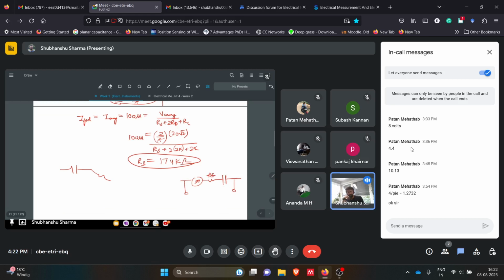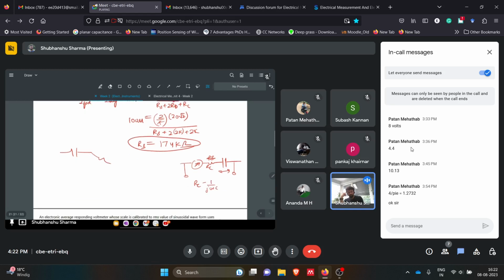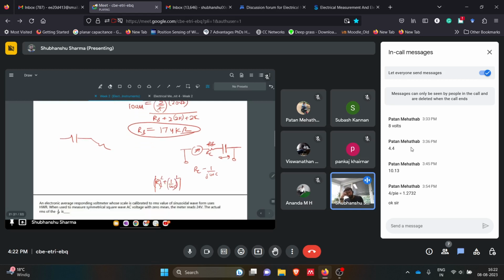So instead of R, this is the series resistance. This will be RC minus 1 by j omega c. If we calculate, RC minus 1 by omega c square plus square.